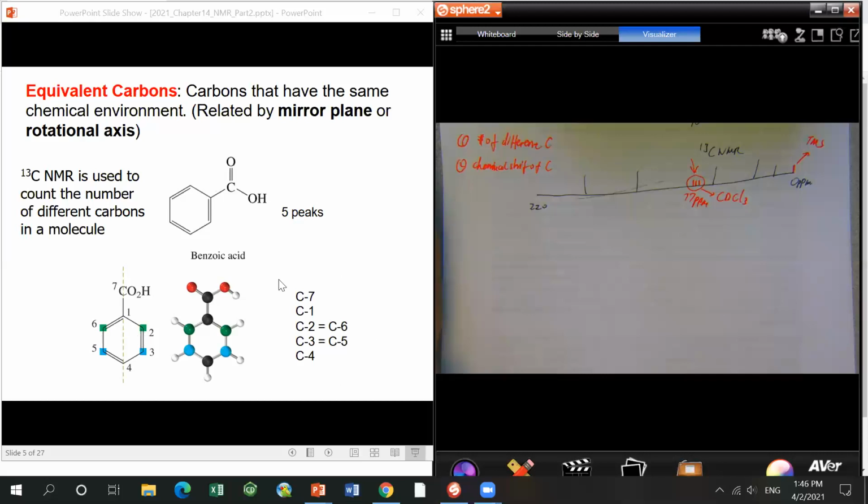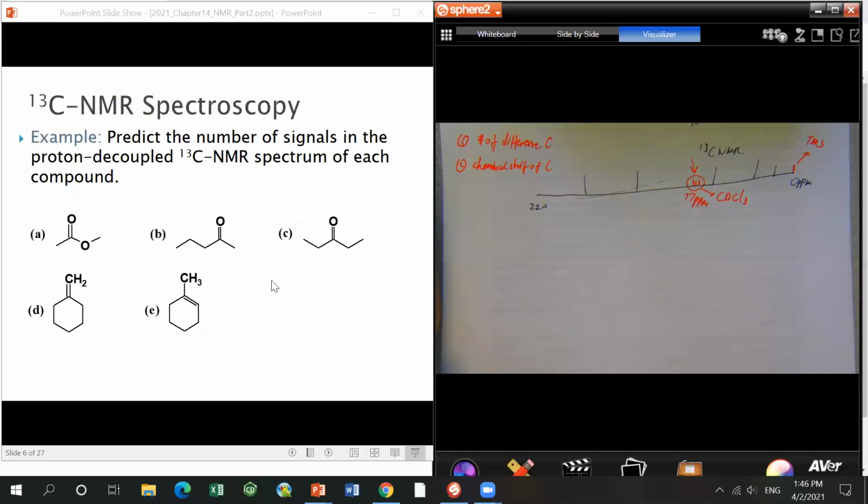That's why overall benzoic acid only shows 5 signals. Later, one skill you need to learn is, if I give you a molecule, you can quickly tell me how many different carbon signals you should see. That's the important thing.